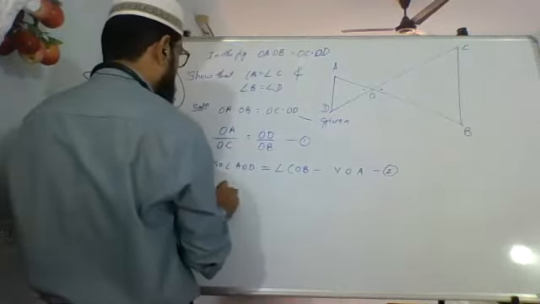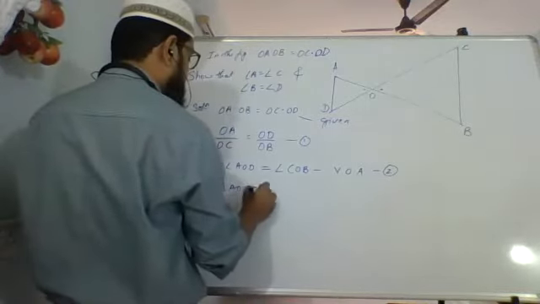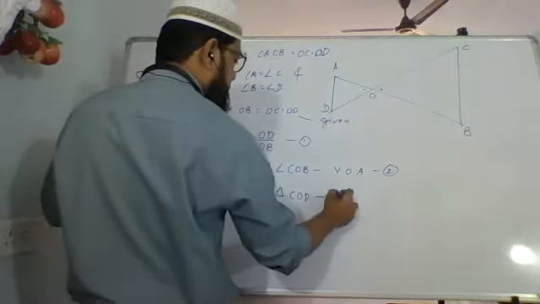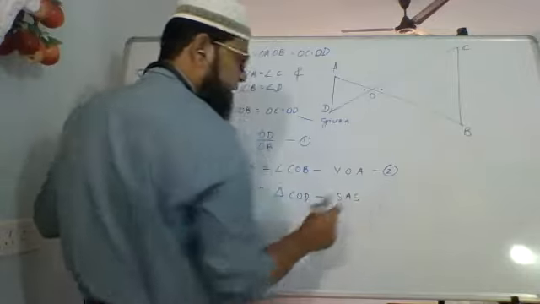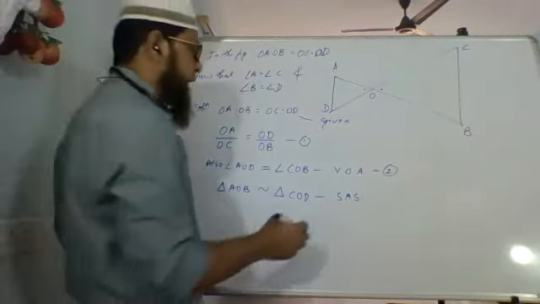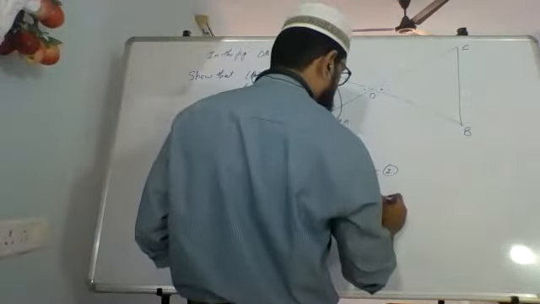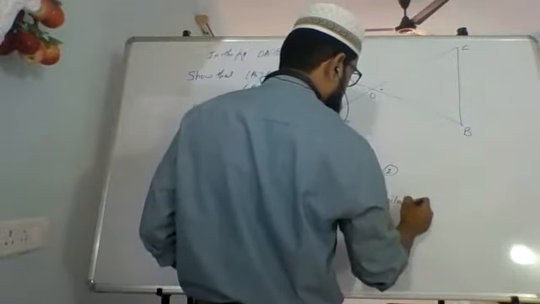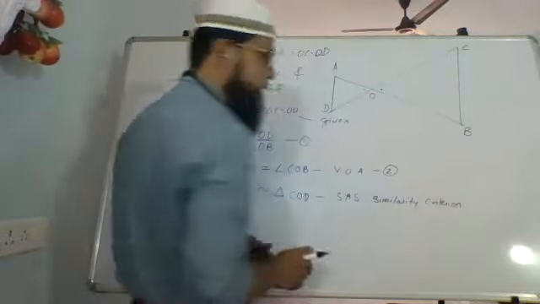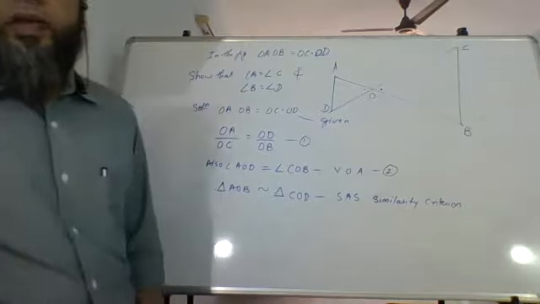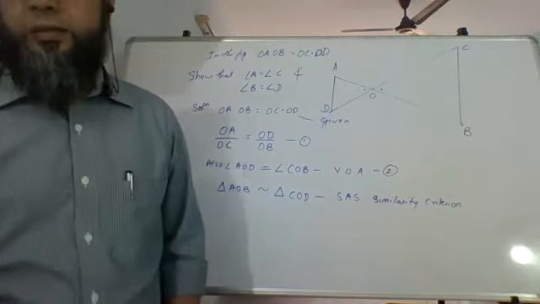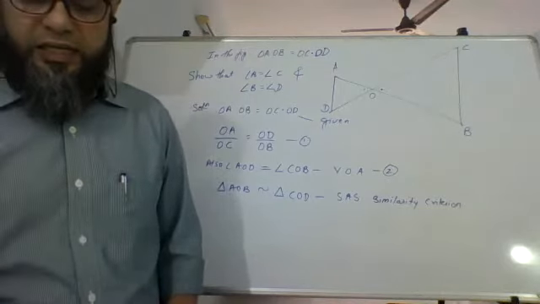Therefore, triangle AOB is similar to triangle COD by SAS test of similarity. So the two triangles are similar by SAS similarity criteria or SAS test.